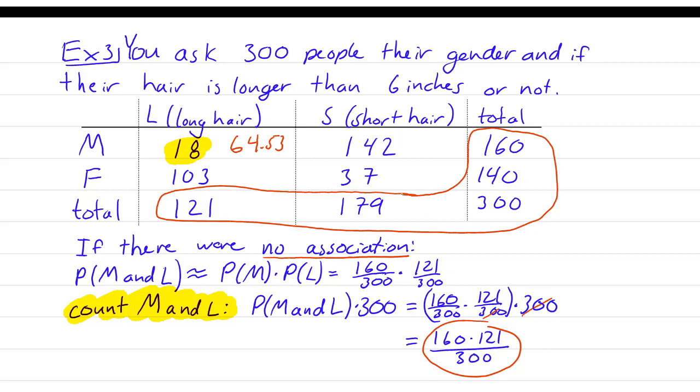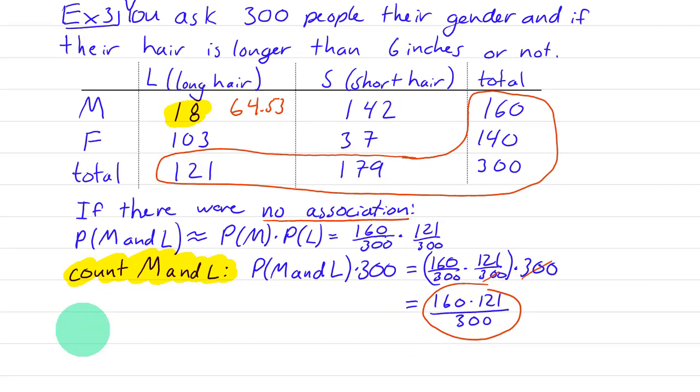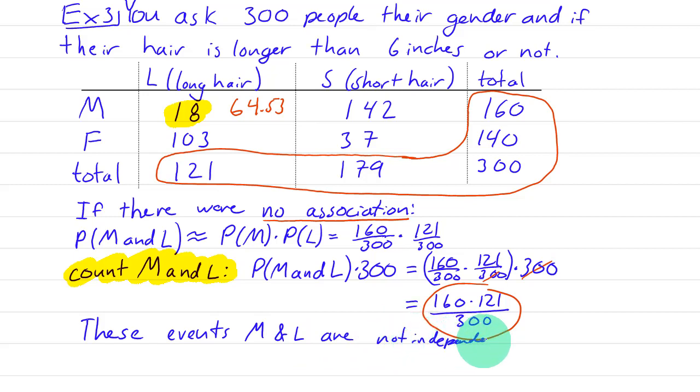So, anyways, that's one way we can tell that these events are not independent. You could say the events M and L are not independent, because we had a very big difference between the expected count of long-haired men if they were independent compared to what we actually got.